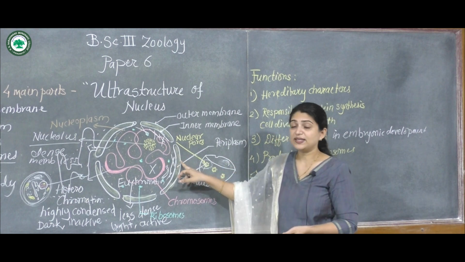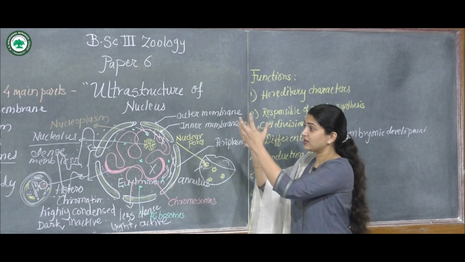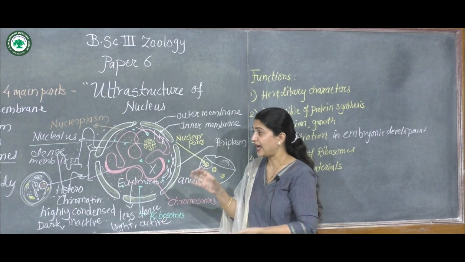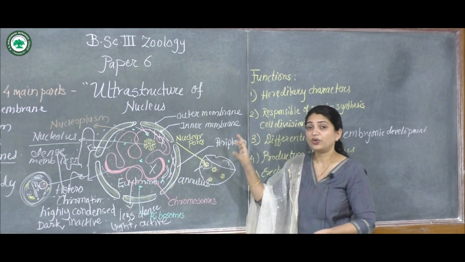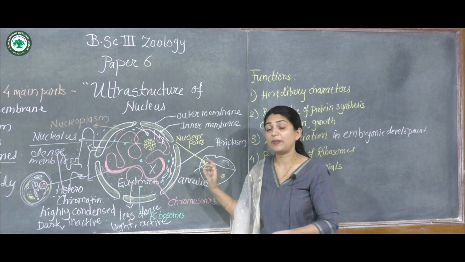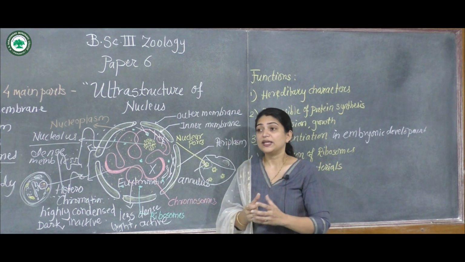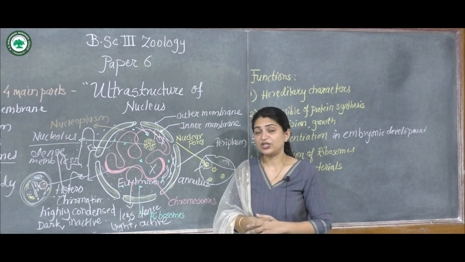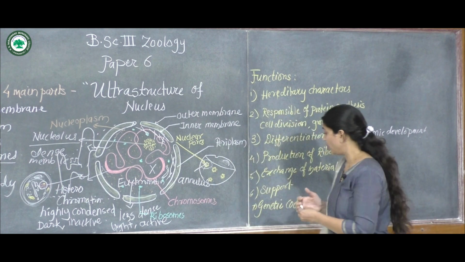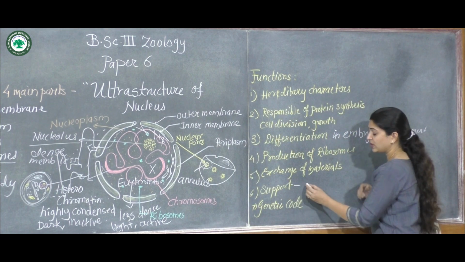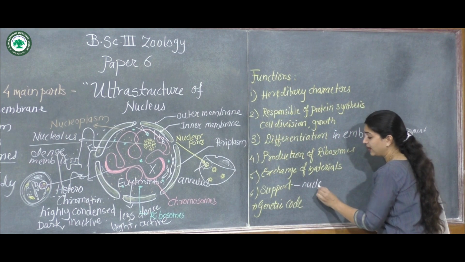Also it supports the cell structure by attaching to and giving support to different kinds of microtubules and microfilaments, which are the skeletal parts of the cell, called the cytoskeleton. So it also supports with the help of the nuclear lamina.